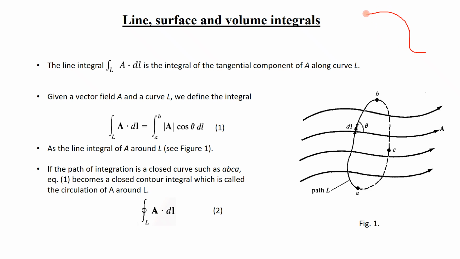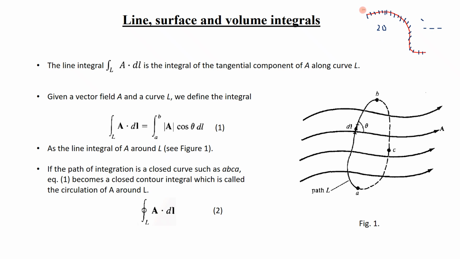You have to use a string and elongate it, the way we study at school level. In physics, we break it into such small, equal parts that every small part is like a straight line.